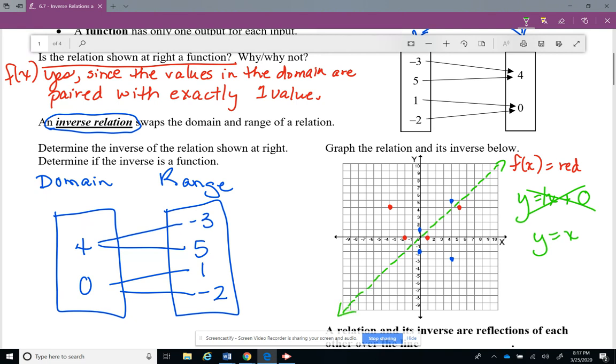Now, if you look at this line, you can see that the relation and the inverse relation are reflected. So there's one reflection, here's another reflection, here's another reflection, and then this red one and this blue one, that's another reflection. So that's pretty interesting too, that when you do the inverse, all the points are reflected. Pretty cool.